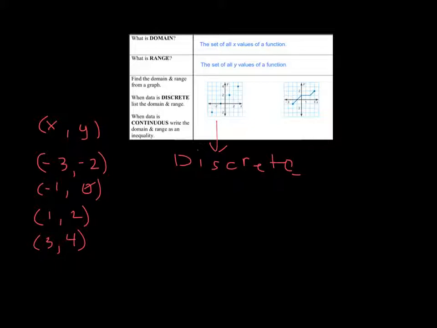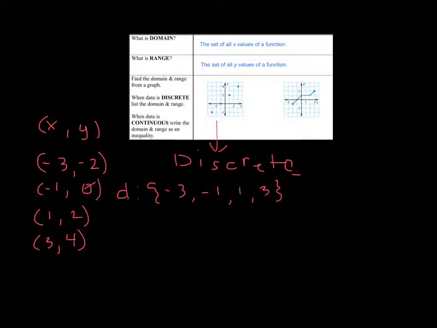Now, to find the domain of a discrete set of data, you just have to list it. So we know that our domain would be equal to all the x coordinates. That would be -3, -1, 1, and 3.